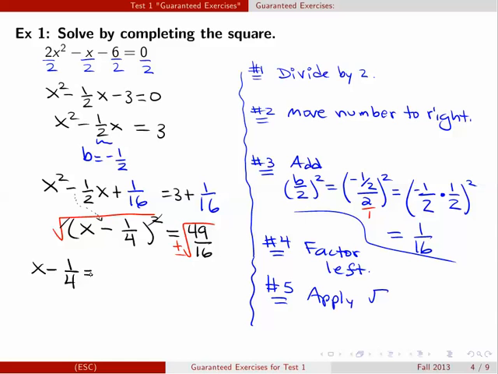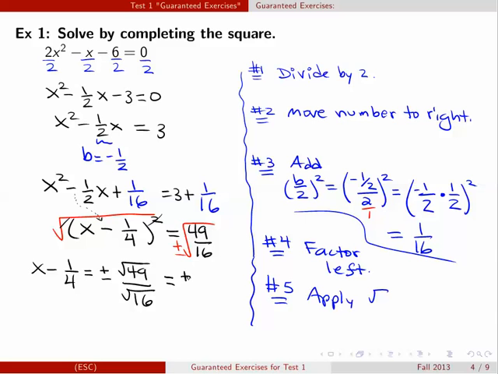Now this square root of a fraction, we can split it as radical of 49 divided by radical 16, which is plus or minus 7 over 4.